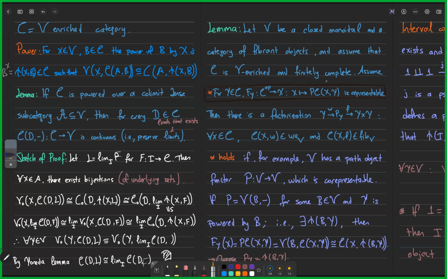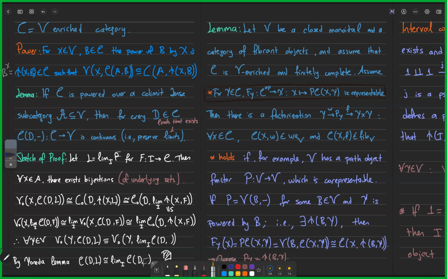And assume that for any object Y in C, this association is functorial. So the path space of the hom objects is functorial, a functor sending X to P of C(X, Y), and this functor is representable by an object in A.